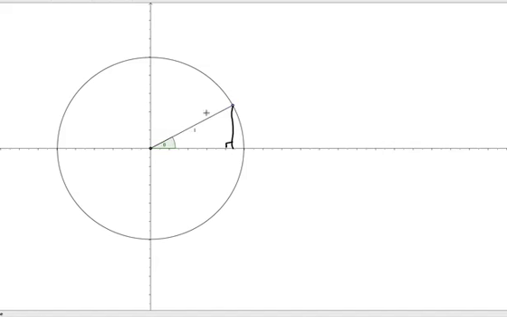Now, because we're on an origin, let's look at what this distance means. This point here has y coordinate this length, and it has x coordinate this length.